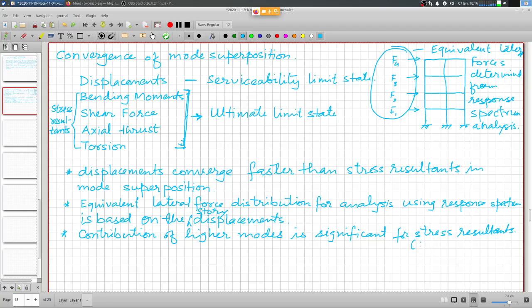Stress resultants, I am talking of bending moment primarily and shear force.